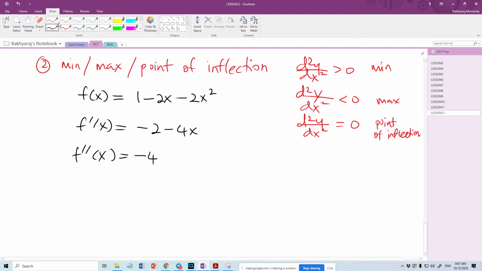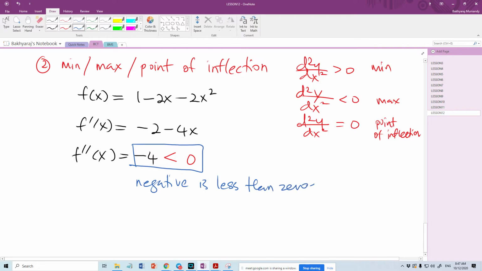Okay, based on this, ini ialah less than 0, it's a negative value. Negative is less than 0. So bila negative, then our conclusion is what? Apa conclusion dia?